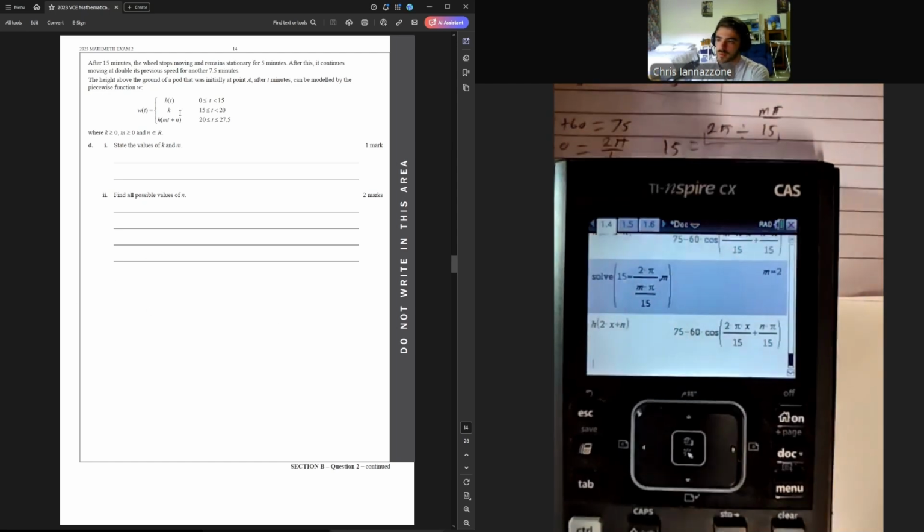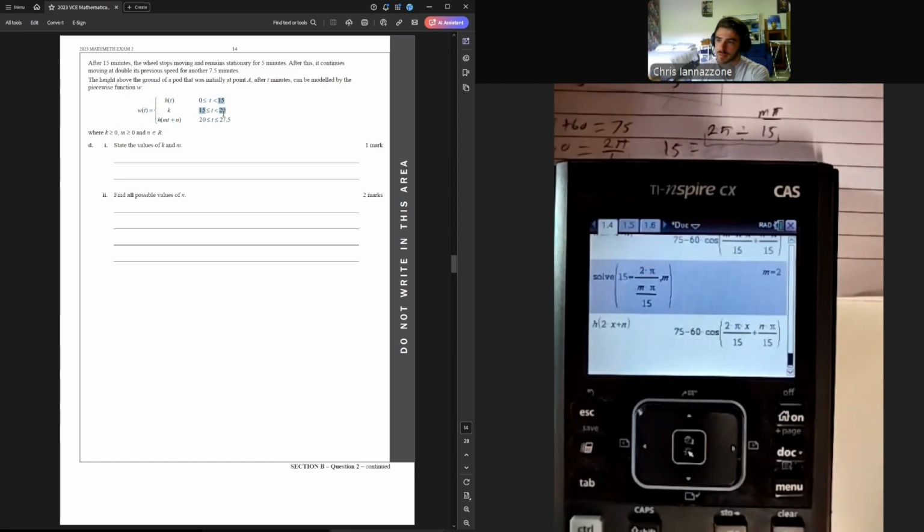Well, the good thing about the piecewise is that it has to be continuous. Otherwise, it's not going to make much sense for the Ferris wheel. It would have to sharply change, which it certainly will not do. What we do know is that the height, as soon as this function 3 takes over, is going to be exactly the same as the height from where it left off, which we know is 135. So we know the y value is 135, and we know the t value at that spot is 20.